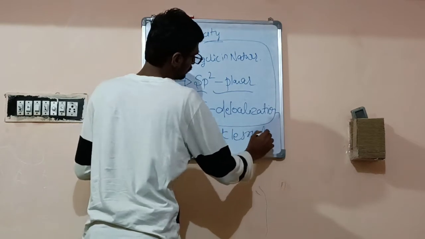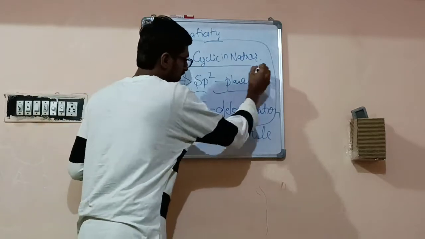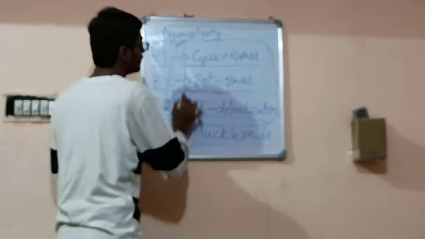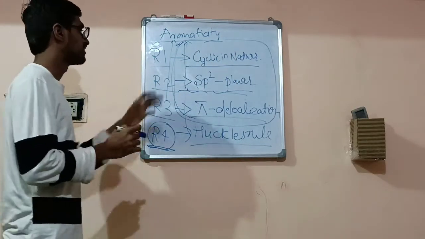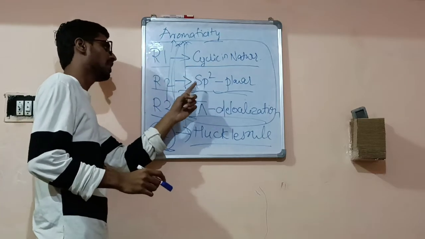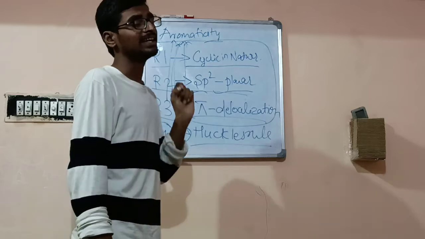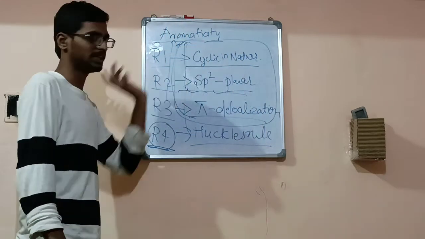If it satisfies rule number 1, rule number 2, rule number 3 and rule number 4, then it is said to be aromatic in nature. If it satisfies cyclic, sp2 hybridization, pi delocalization of electrons, then Huckel's rule, then it is aromatic in nature. Then it applies the principle of aromaticity.